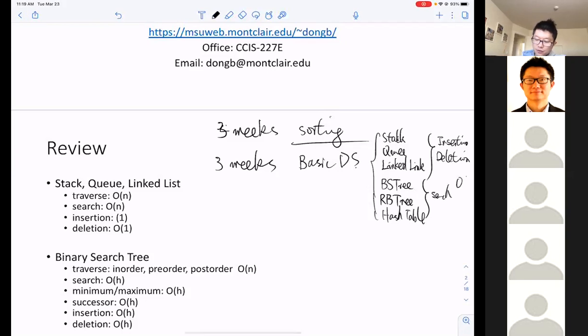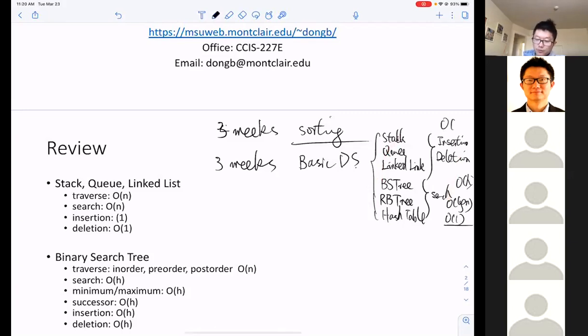Binary search tree provides O(H) search complexity, where H is the height of the tree, but H can be as bad as N, so it's not guaranteed to be efficient. Then we learned red-black tree, which guarantees O(log N) search complexity, and the hash table guarantees O(1) search complexity. So these are the 6 data structures that we learned.